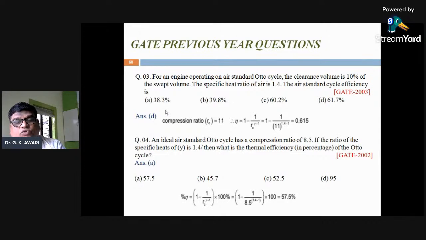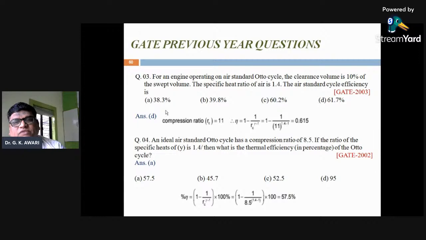So compression ratio rc is equal to 11, which is being given. For an engine operating on air standard cycle, the clearance volume is 10% of the swept volume, so compression ratio is 11.